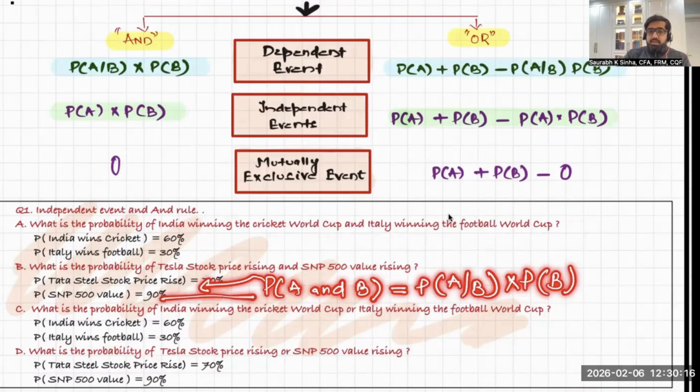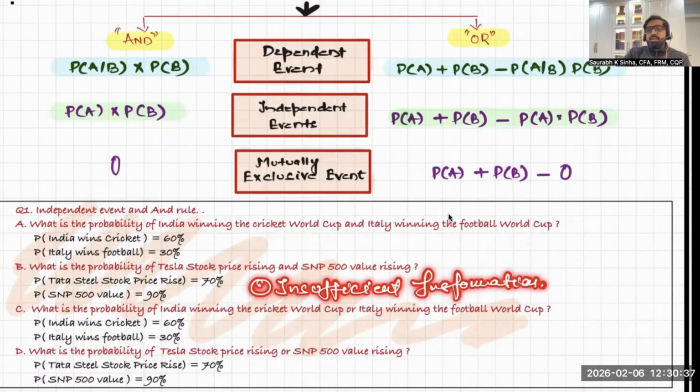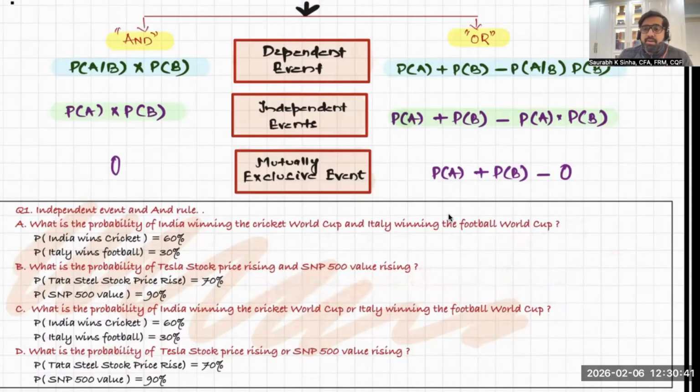Probability of B is given, that is 90%. But do we have the probability of A given B? No, we don't have that information. So in the multiple choice question, there would be one option which says insufficient information, and all the CFA and FRM aspirants will choose that option.